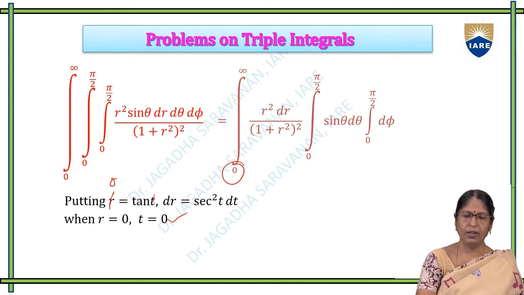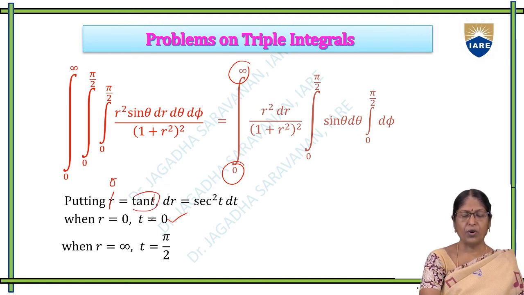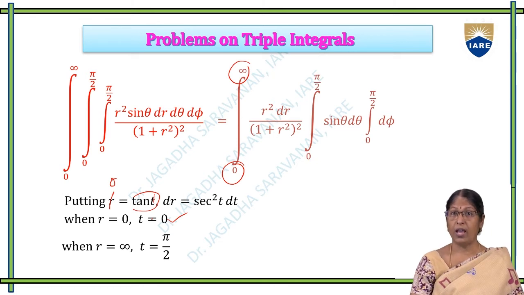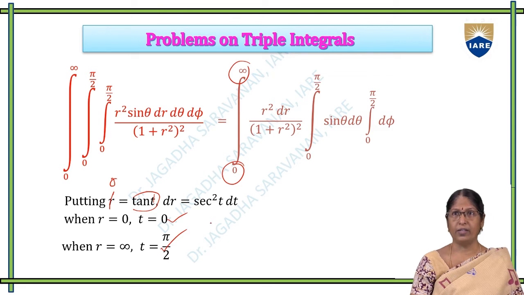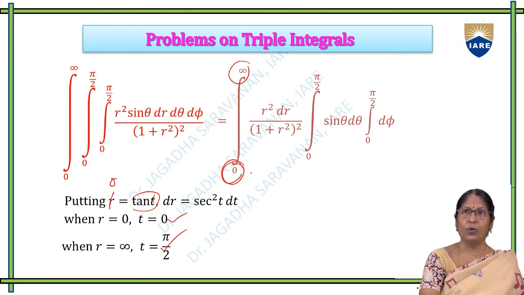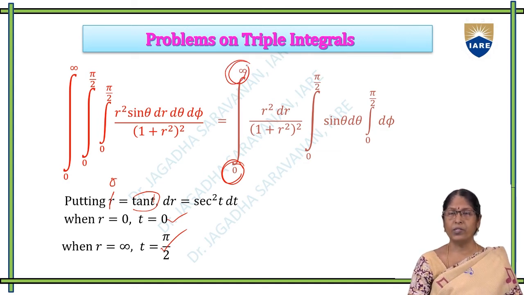But here infinity is there. So when r equal to infinity, at what point does the trigonometric function tan have the value infinity? At the point 90 degrees, pi by 2. So 0 stays 0, whereas infinity is replaced by pi by 2.